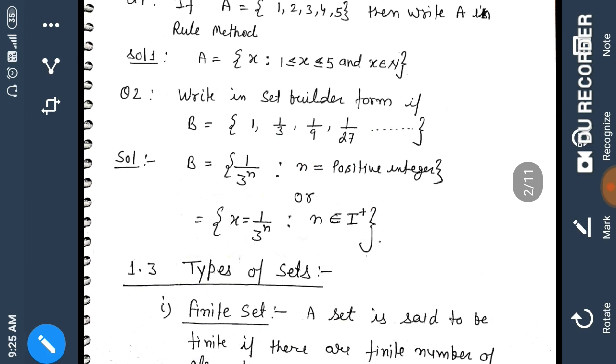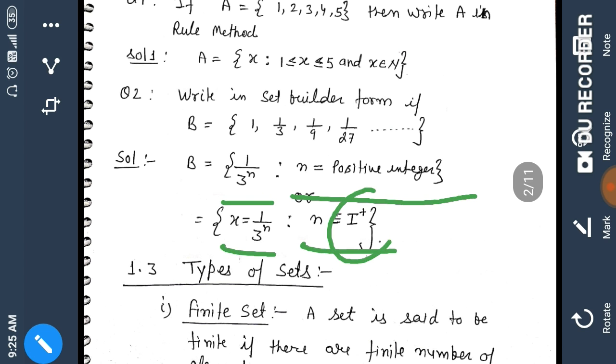Okay, so we can represent b is equal to 1 upon 3 to the power n such that n belongs to positive integers. And we can write x is equal to 1 upon 3 to the power n such that n belongs to I plus, where I plus is the set of positive integers.